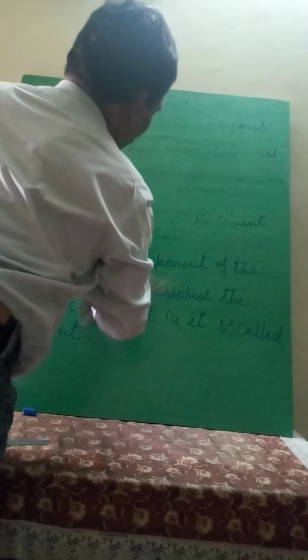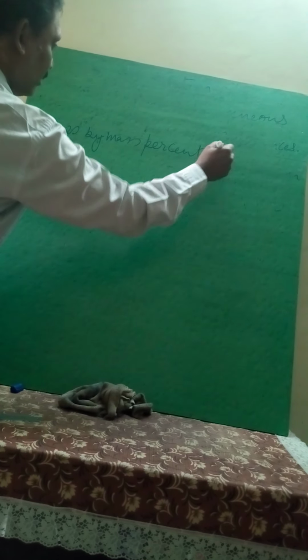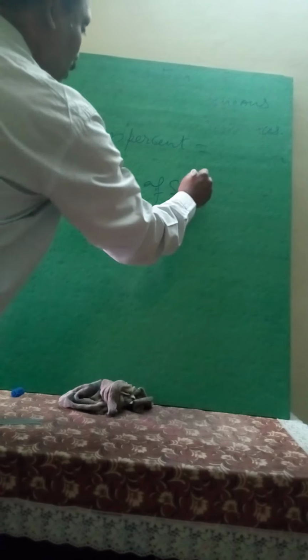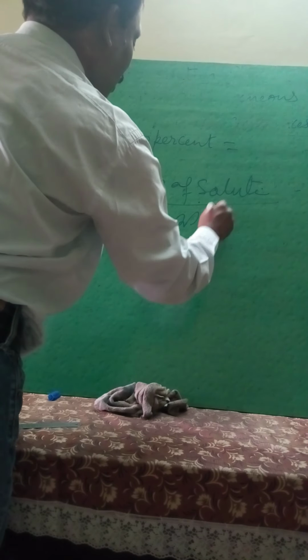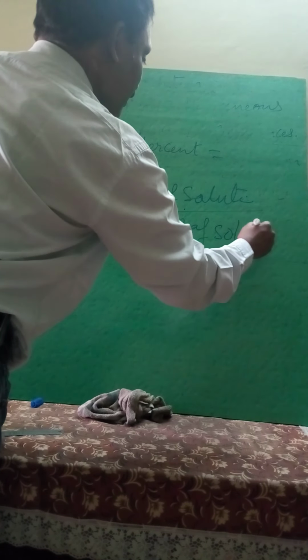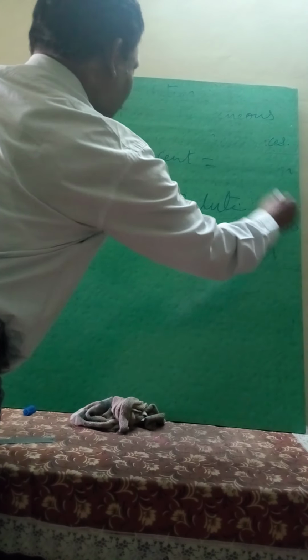Mass by mass percent of a solution is equal to mass of solute by mass of solution into 100.